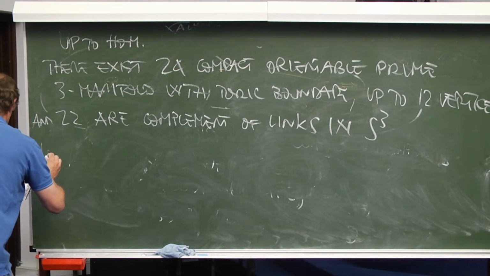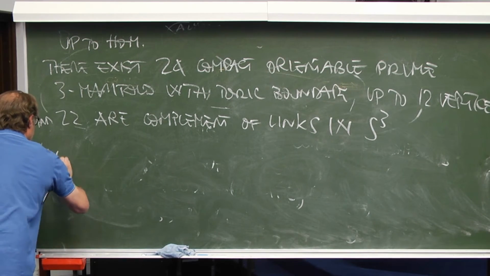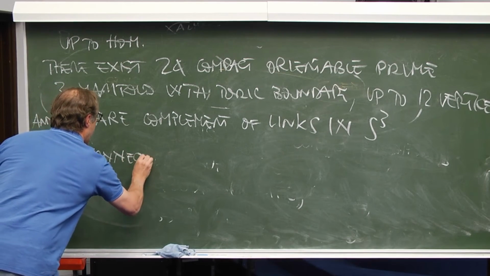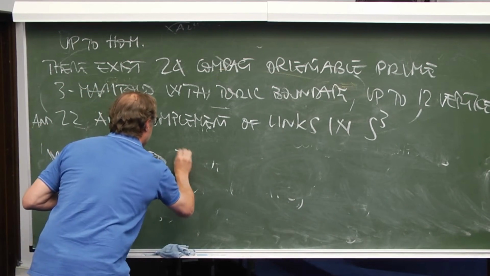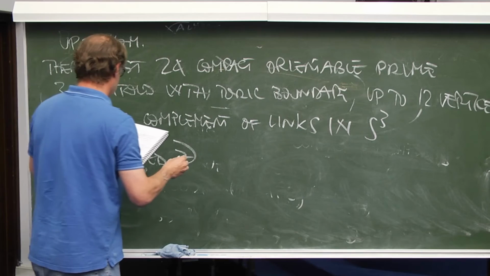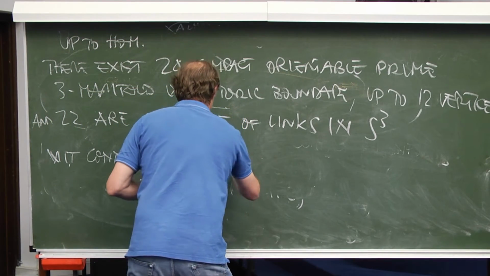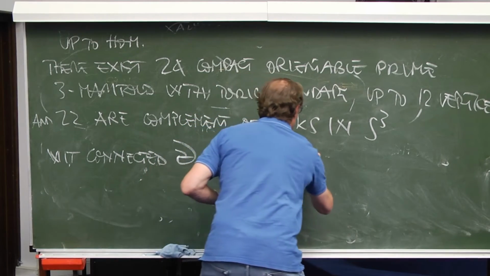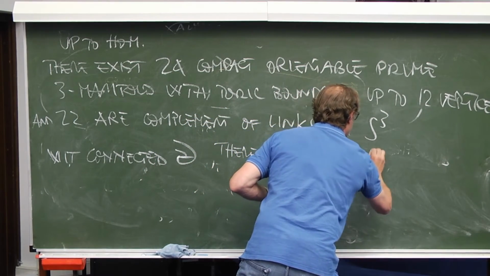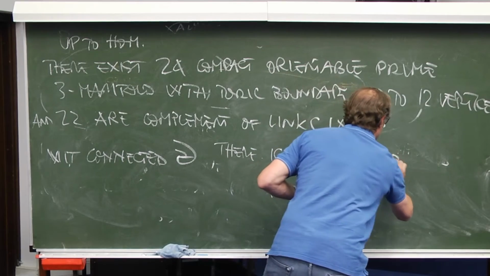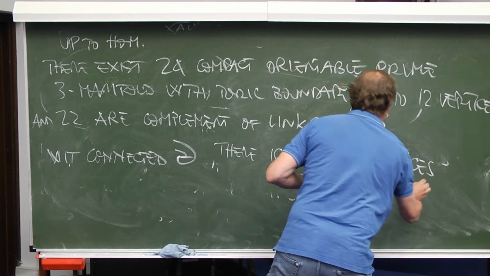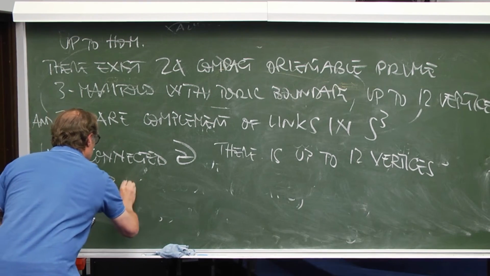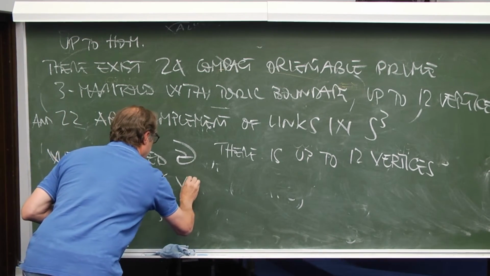And in the case of connected boundary, there is one up to 12 vertices, the solid torus, and 2 up to 16 vertices.